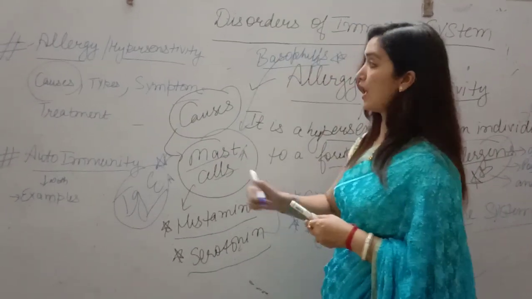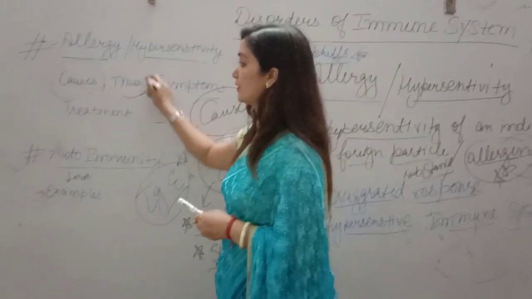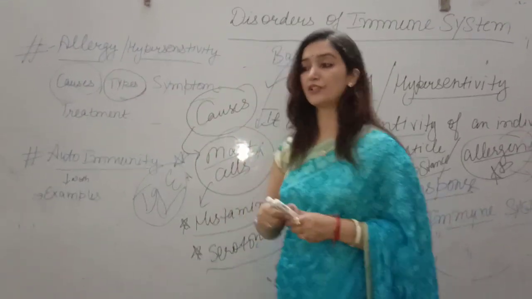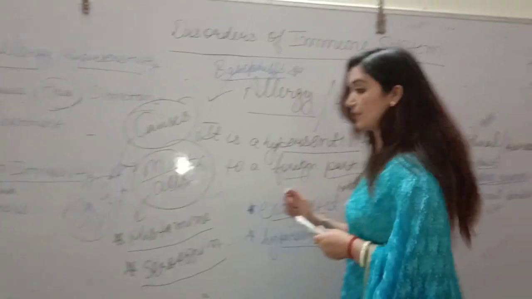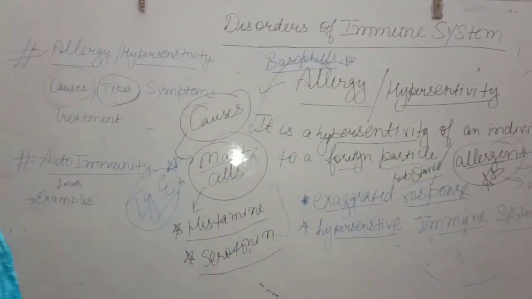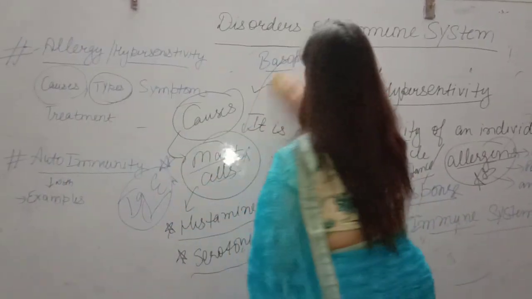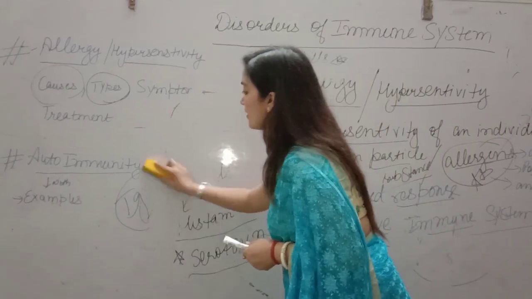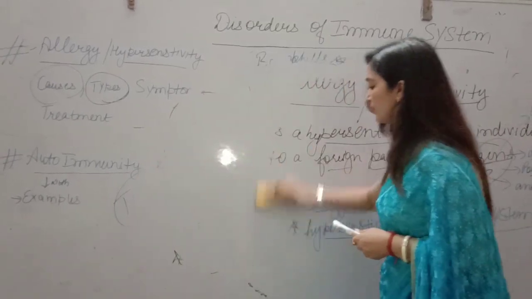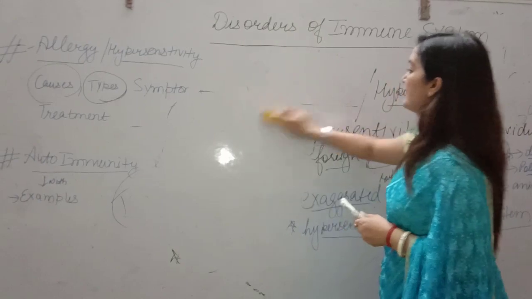Alright, so now after doing causes, we are coming to types of allergy, different types of allergy. Let me rub the board, students. Different types of allergy, like you have heard about some persons having allergy to pollen grains.